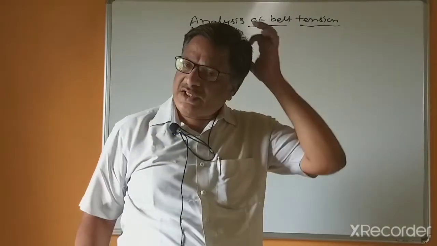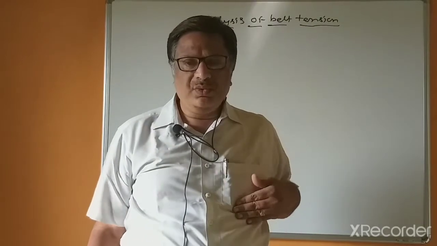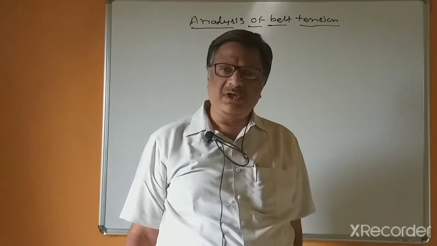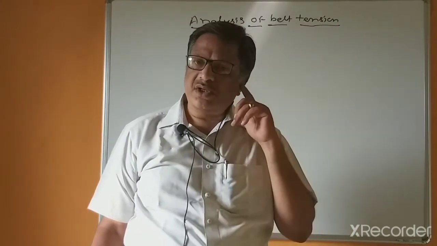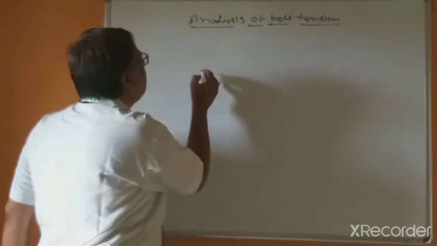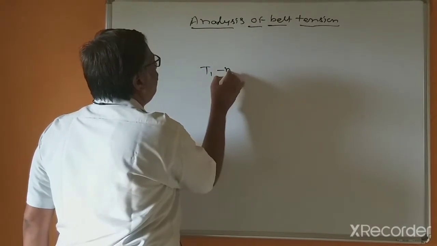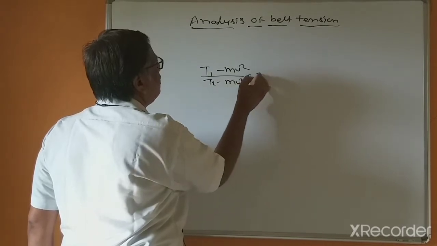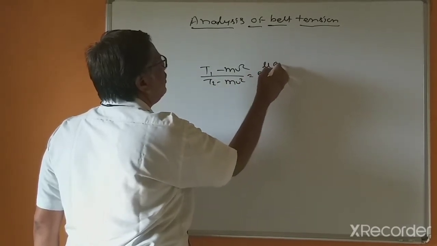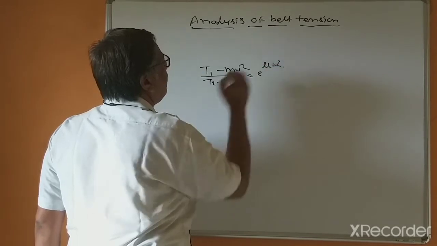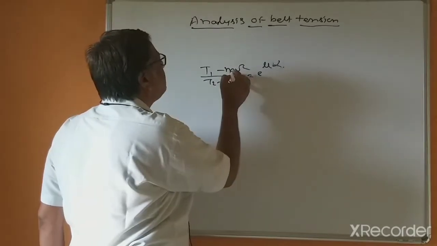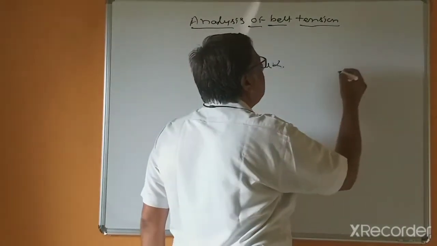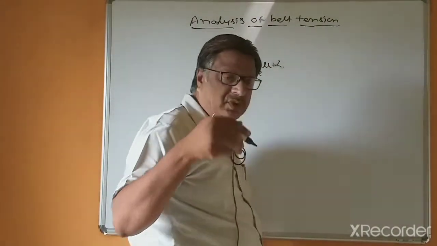In the last lectures we studied two problems related to flat belt drives, that is open belt drives and cross belt drives. In those drives we considered (T1 minus mv squared) divided by (T2 minus mv squared) equals e to the power mu theta, where theta is the wrap angle. This mv squared is nothing but the centrifugal tension, because of the running of the belt.